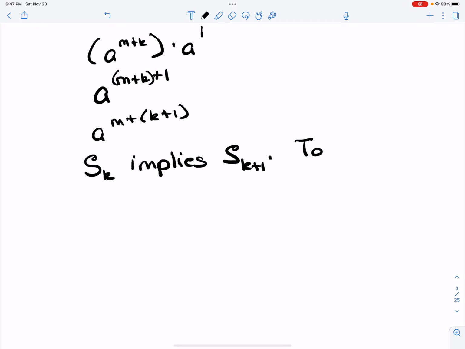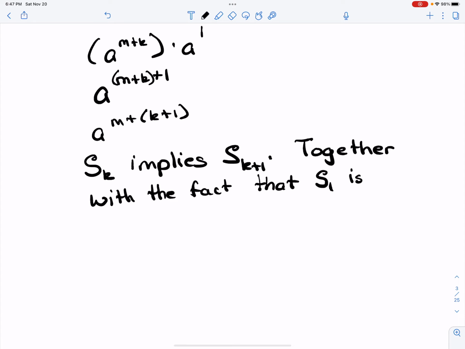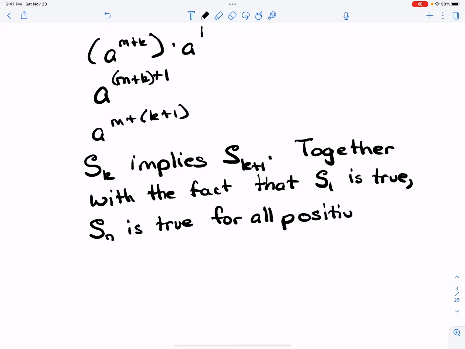Together with the fact that S sub 1 is true, remember that starting point, S sub 1, then we can say, that implication plus the fact that S sub 1 is true, we can say that S sub n is true for all positive integer values of m and n.